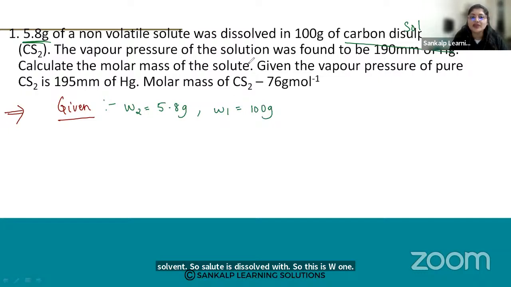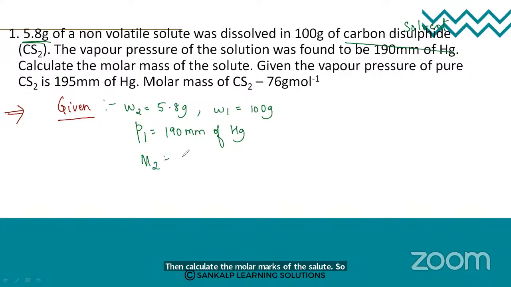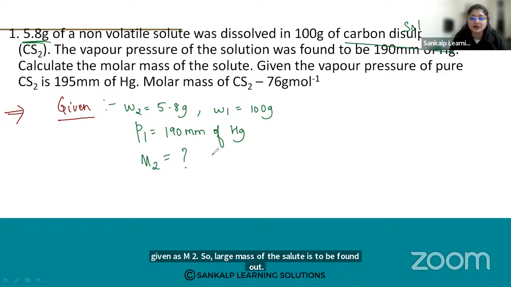The vapor pressure of the solution was found to be 190 mm of Hg. So the vapor pressure of the solution is given as P1, which is 190 mm of Hg. Then calculate the molar mass of the solute, given as M2. The molar mass of the solute is to be found out.